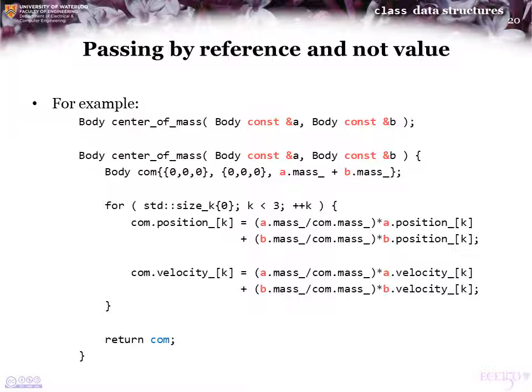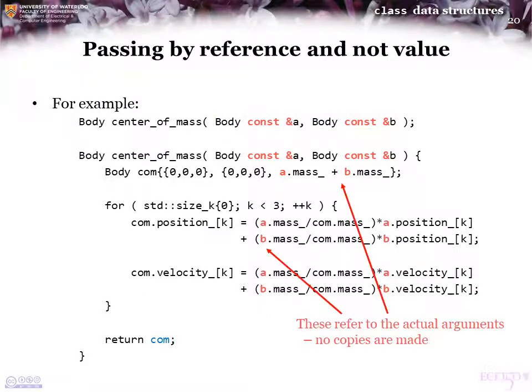Now, for example, the center of mass function could have both of its parameters being passed by reference. In this case, they should actually be passed by constant reference, because there's no reason the center of mass should change either of the two arguments. It's simply using the information in A and B to determine the center of mass of these two objects.